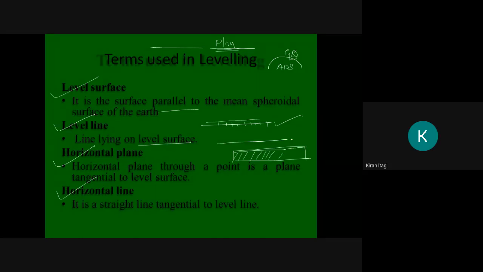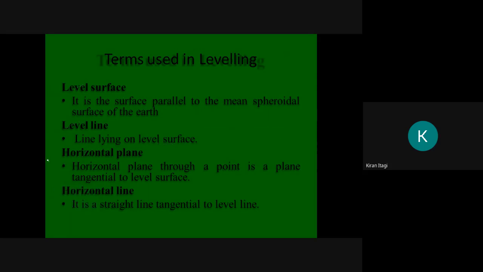You take a road, this is also a level surface. Next, horizontal plane is a plane tangential to the level surface at a point. Horizontal line is a straight line tangential to the level line.